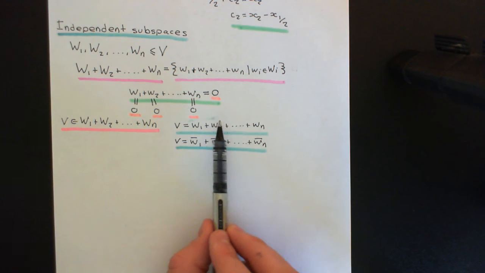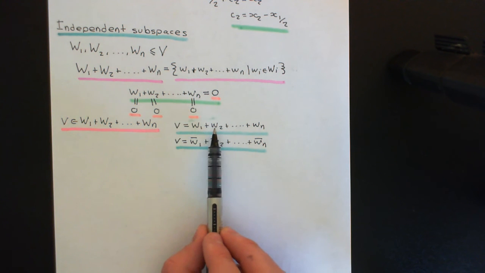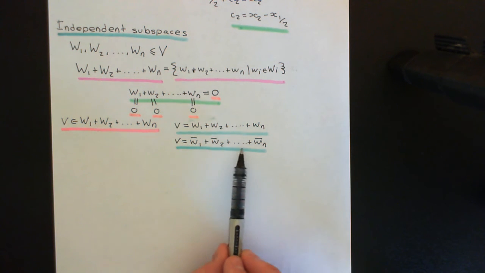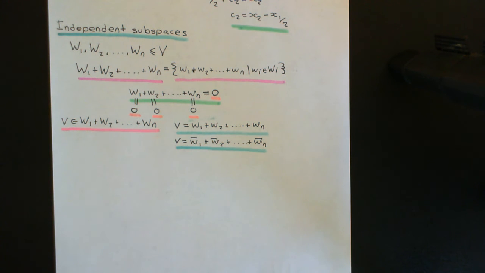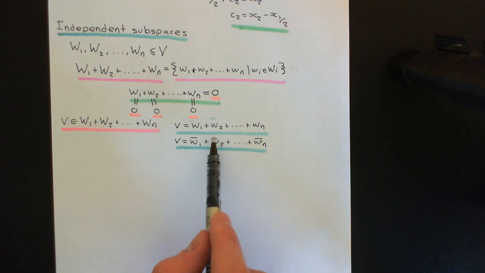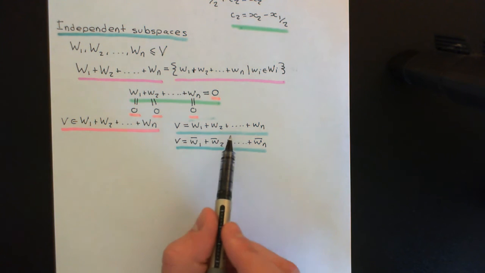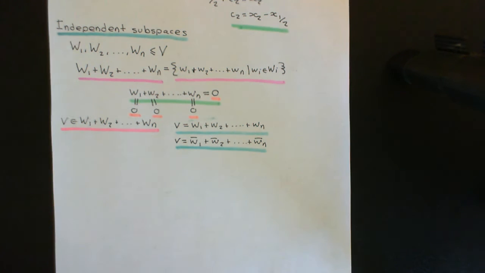So at least one of these has to be different. So potentially W2 and W2 bar, maybe those are the different ones. Okay, so something in this combination of elements from the subspaces has to be different between these two, but it doesn't necessarily mean that each one that you've picked from the different subspaces is absolutely different all the time. Okay, some of them might match up, it's just that we have to have at least one that doesn't match up, basically.